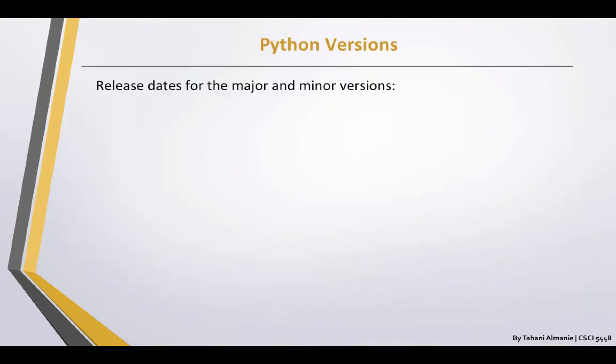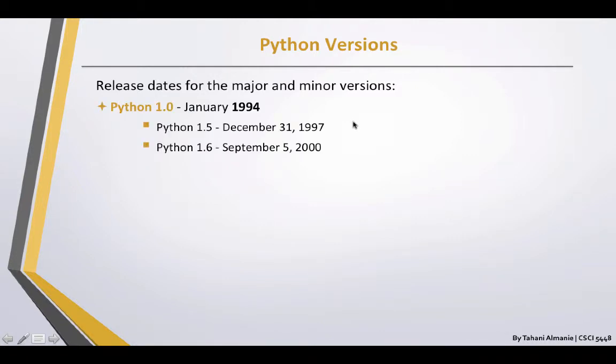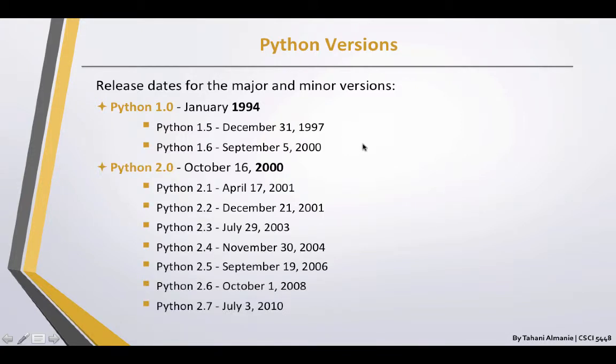Python has 3 major versions and several minor versions. The major versions are Python 1, Python 2, and Python 3. Python 1 was released in January 1994, and the major new features included in Python version 1 were the functional programming tools like map, filter, and reduce. 6.5 years later, Python 2 was introduced.